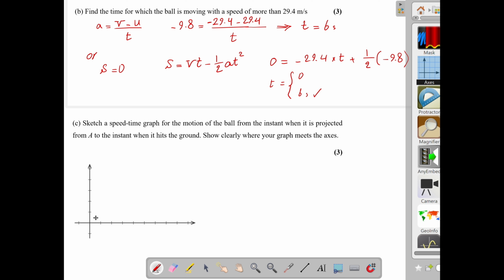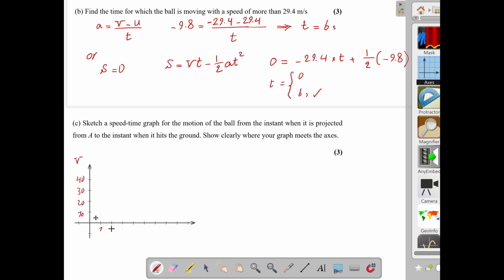Now, let's say it is 10, 20, 13, 14, and the velocity, because our maximum velocity is 29.4, so this range is enough. And for time, since it is maximum 6 seconds, sorry, 6 seconds until we reach again to this point A. So we will have a little bit more than 6.